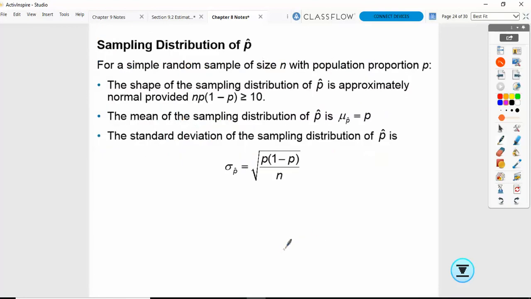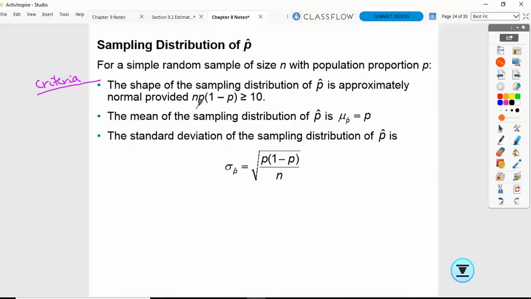What we really need to know, and this is on your formula sheet. The first part, I said it's all on there. This one is not. This is the criteria we have to check to see if our sample is big enough. With the x bars, we just had to say bigger than 30 was big enough.